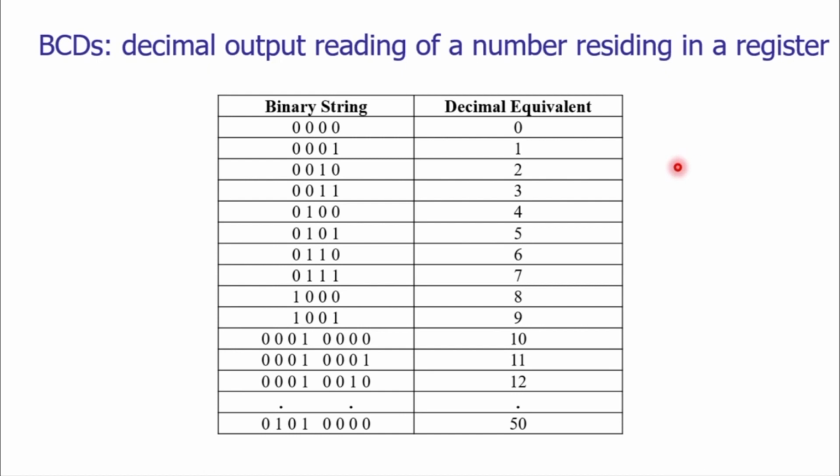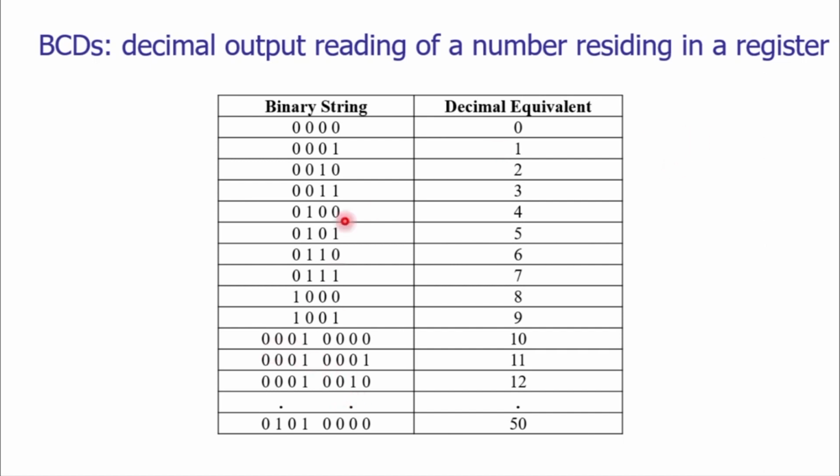Then to represent a 3-digit decimal number, we can use 3 registers, or to represent a 2 digit decimal number, 2 different registers can be joined together and the BCD can be applied there.